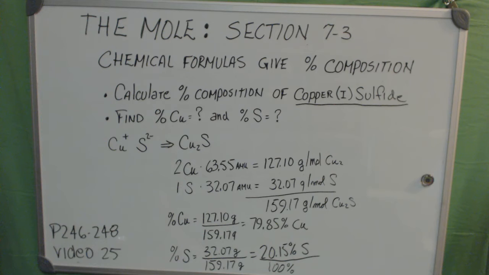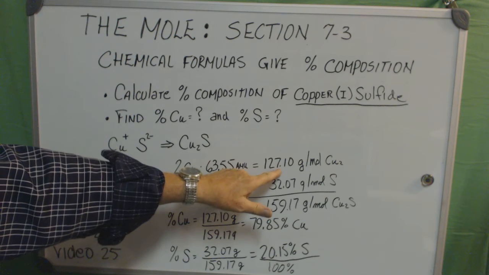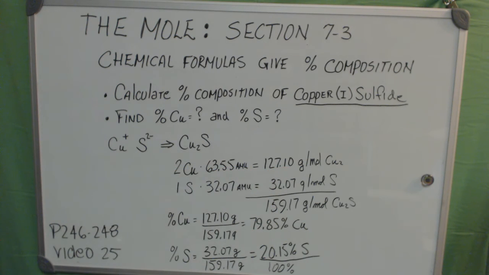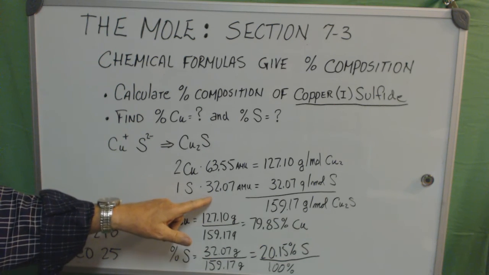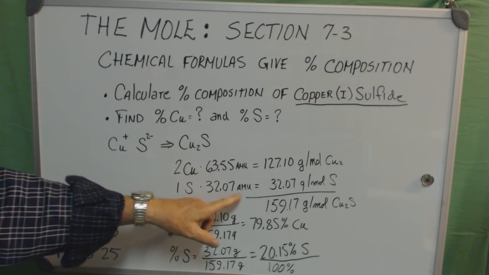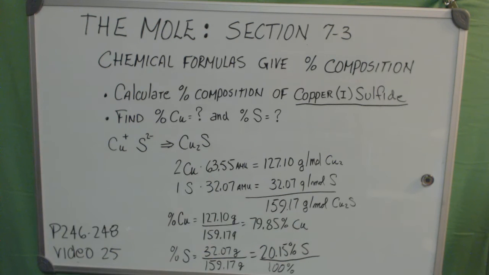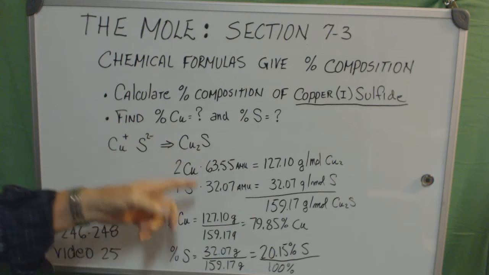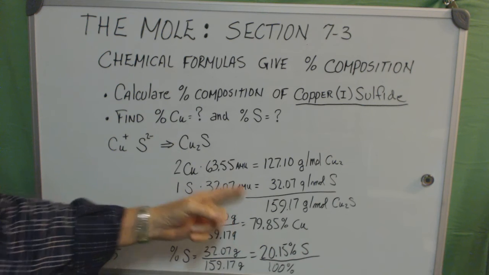Each copper has an atomic mass unit of 63.55, and that gives me a total of 127.1 grams per mole of copper. And then my sulfur, I just have 1 of those. I look it up on the periodic table and I see the AMU is 32.07, and I enter that over here, grams per mole of sulfur. I add those 2 up, that'll give me the total grams, the molecular mass of the molecule.